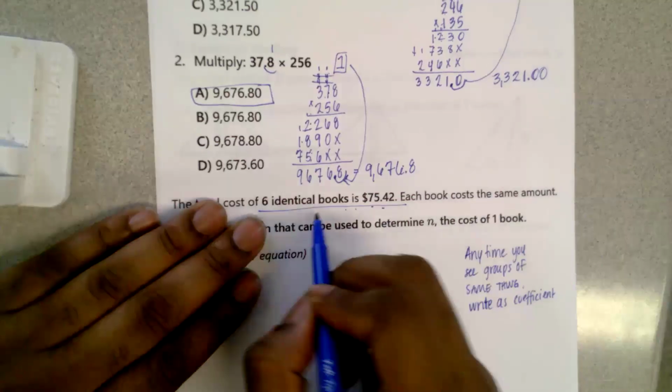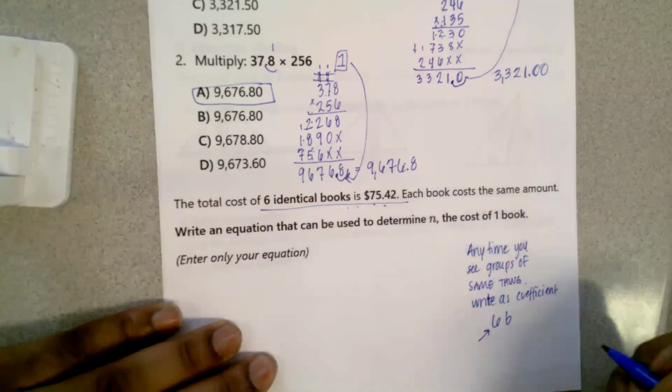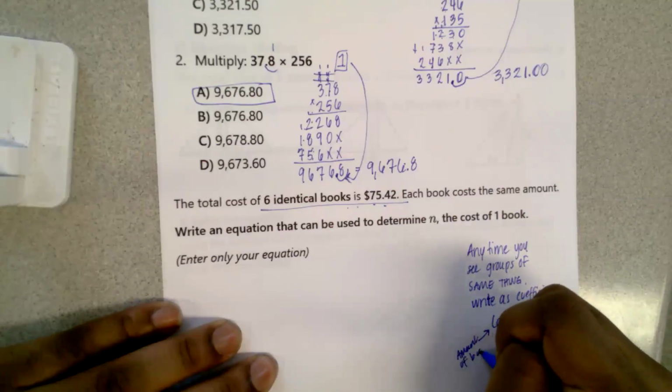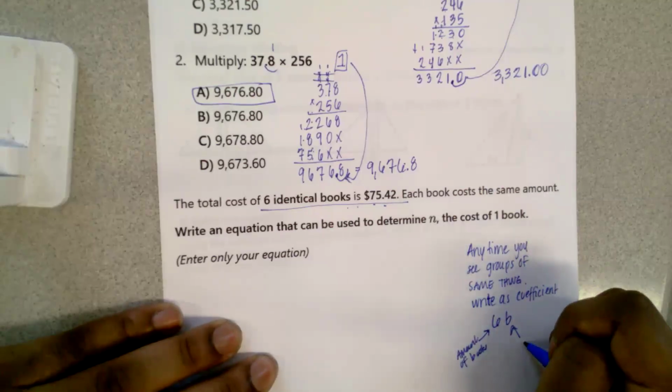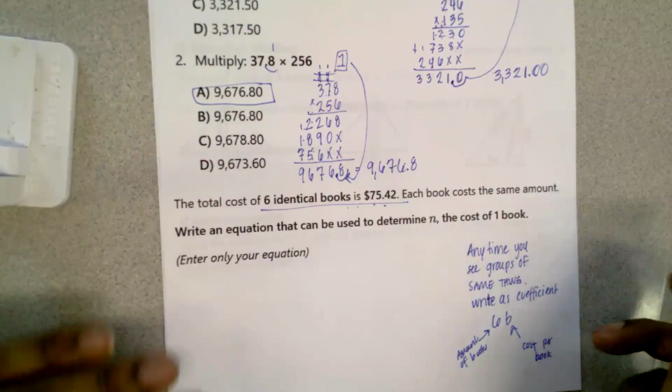So it's six identical books. So 6B, six being the amount of books, and B being the cost per book. So that's a way to express that.